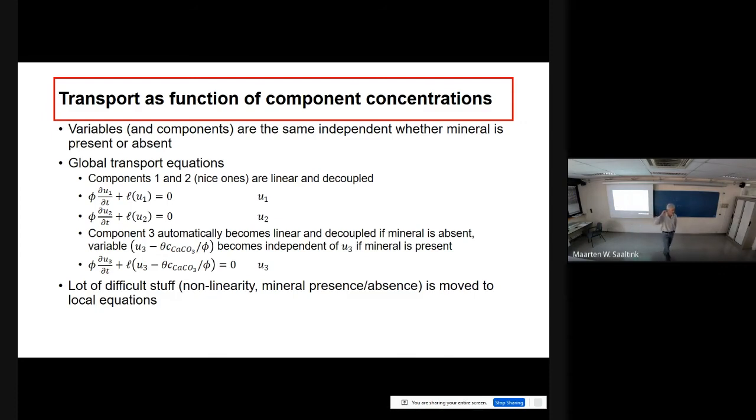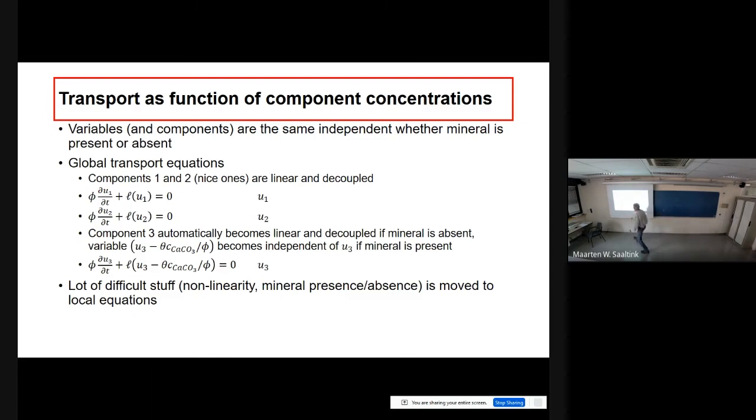This is just a conservative tracer, sort of thing. So this is easy to calculate. Of course, the third one is a little bit more complicated, because it's U3, but only the liquid part is transported, and the solid part doesn't move.